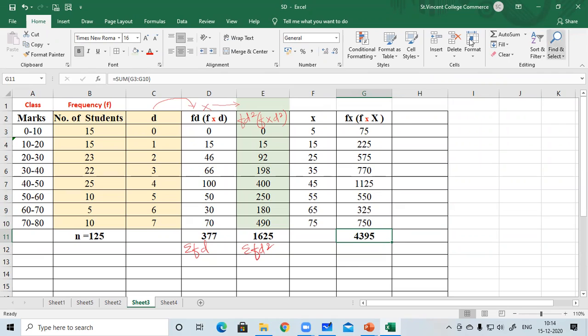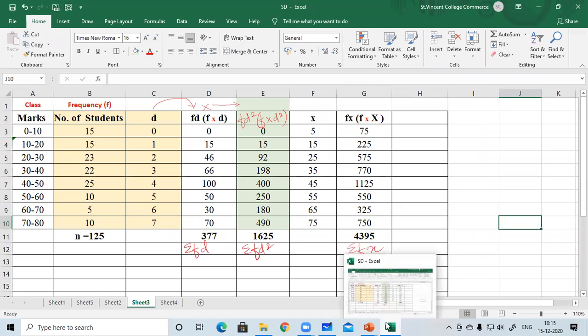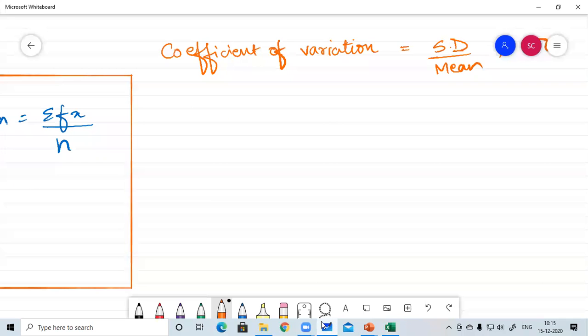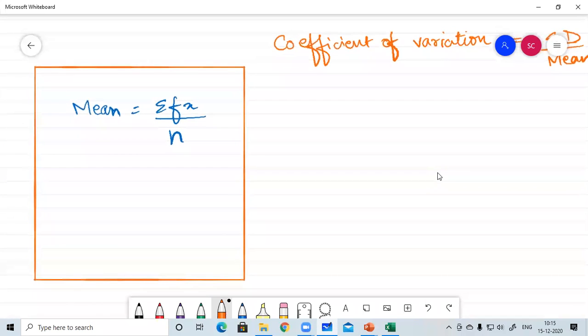Then you get the total, which becomes your sigma fx, 4395, and our N was 125.